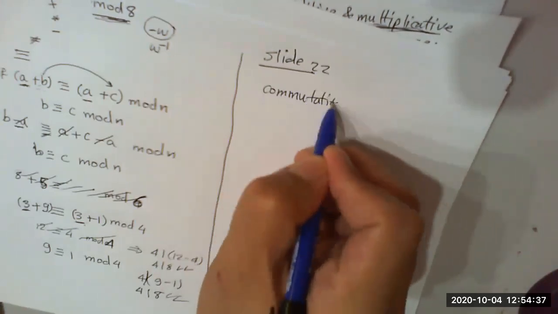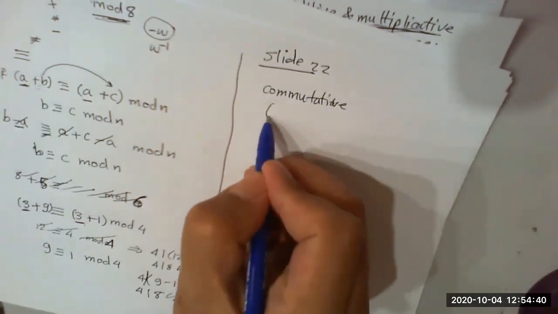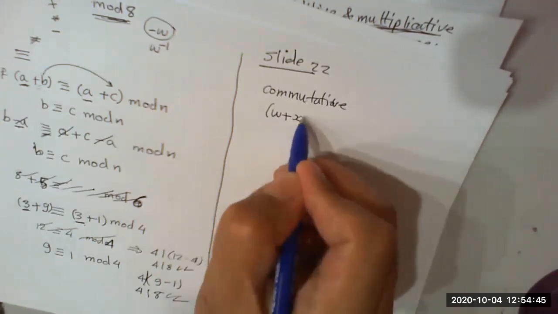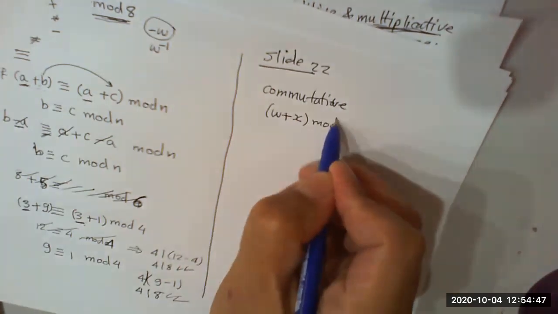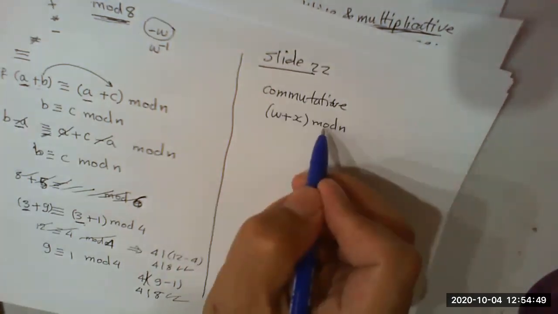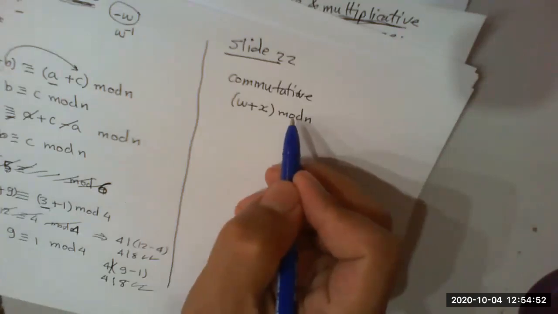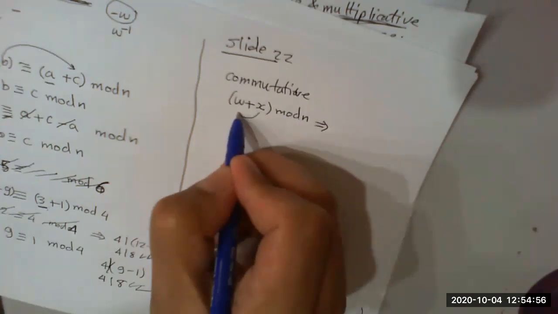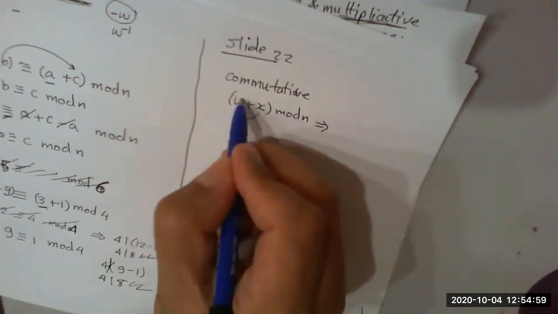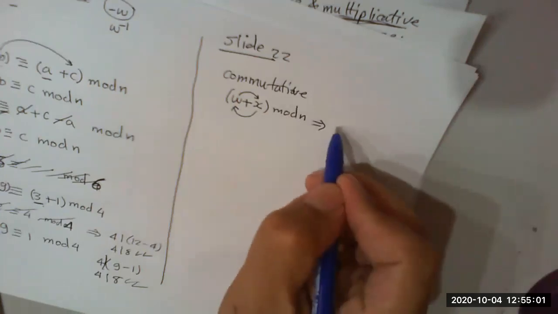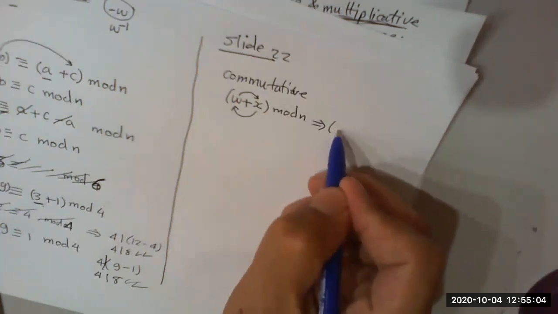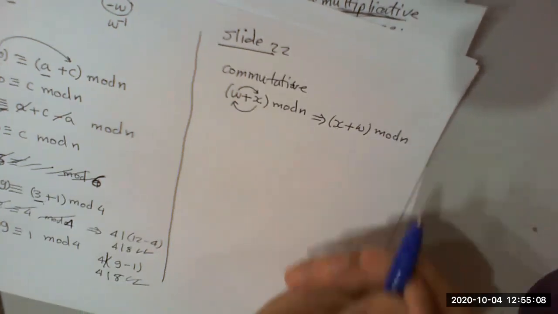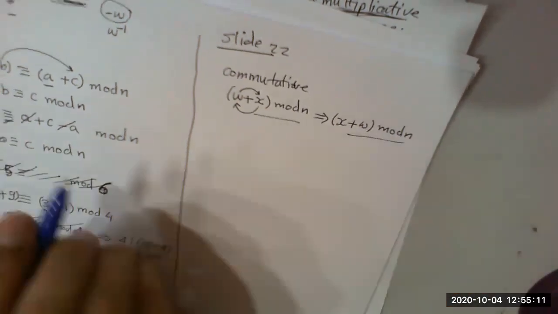Commutative means, as written in the slide, W plus X mod N. I can change X in place of W and W in place of X, and I have the same result. This is very straightforward. X plus W mod N is the same thing. This equals that.